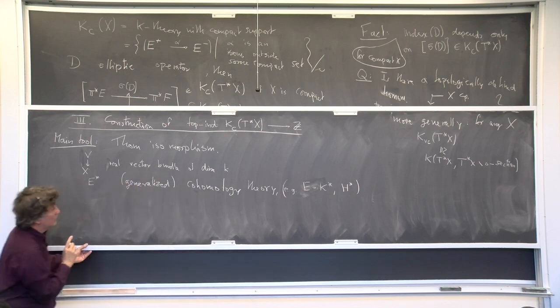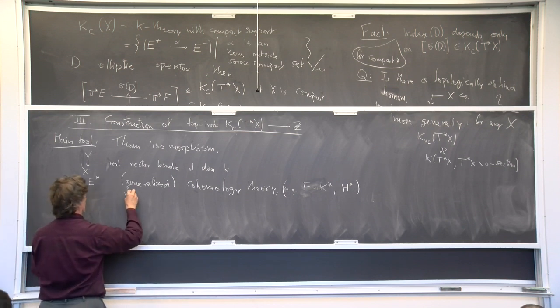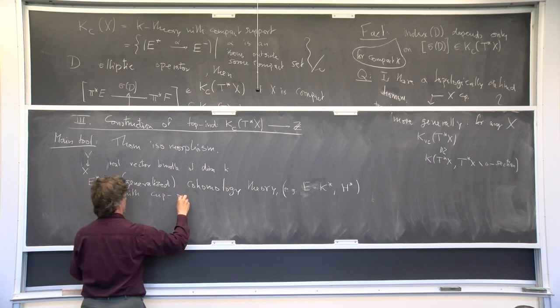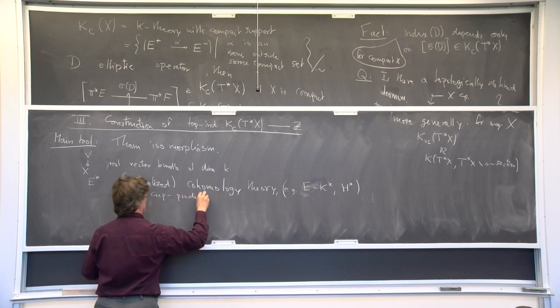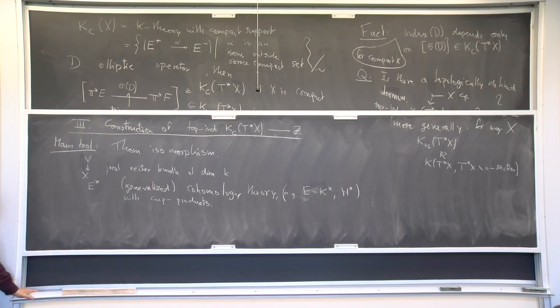And the thing I want about this is that it should be multiplicative, with cup products. In other words, I can take an l-dimensional cohomology class and a k-dimensional cohomology class, and take the cup product to get a (k plus l)-dimensional cohomology class.